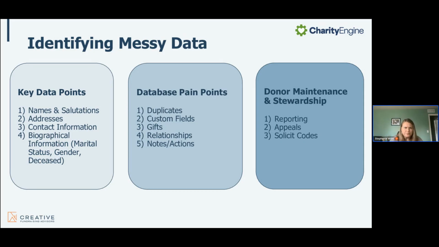If you don't have accurate tracking of appeals, and so appeals in the sense of, if we send something out, are we consistently understanding how to measure the impact of it, the ROI? And then solicit codes is also something in the maintenance and stewardship of, do you understand and have logged your donor preferences, of we want to hear from you, we don't want to hear from you.